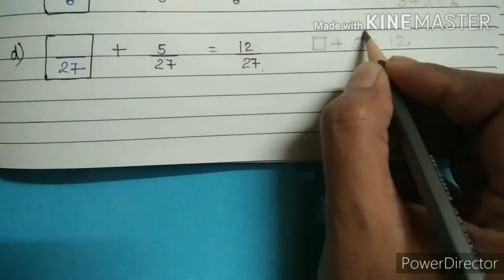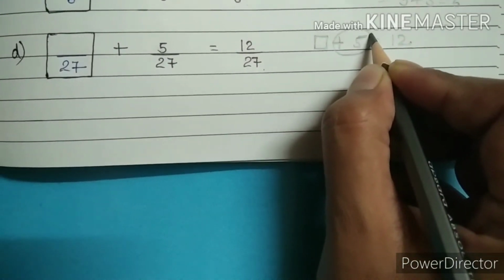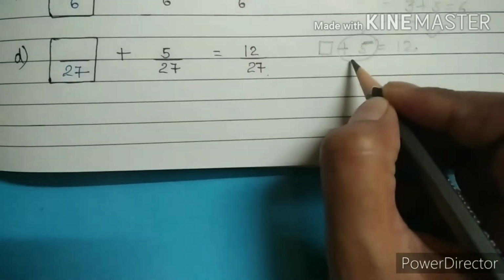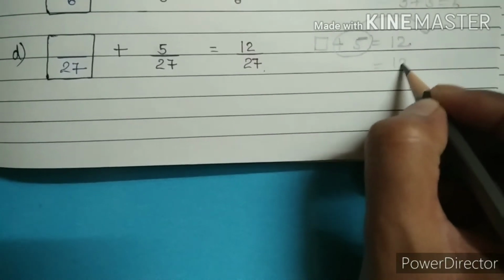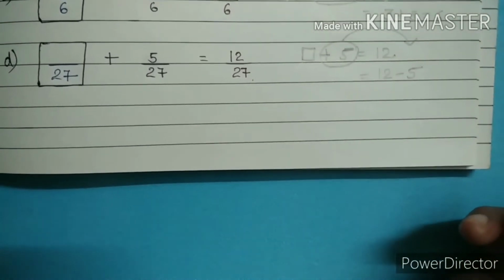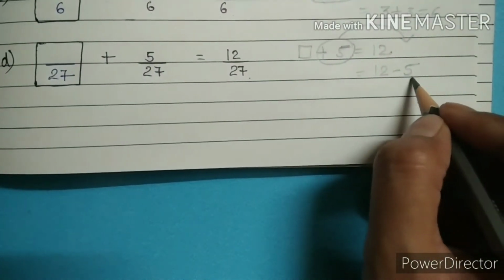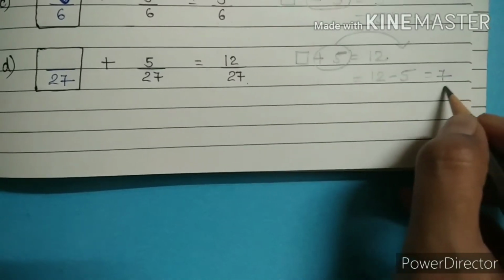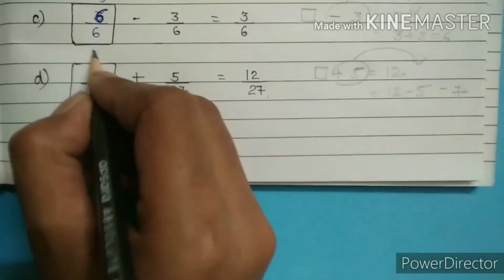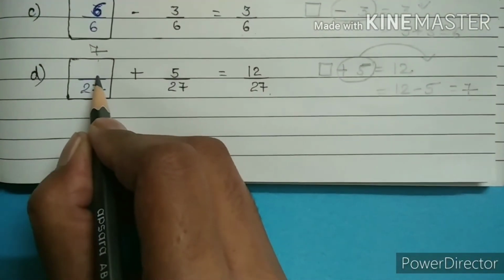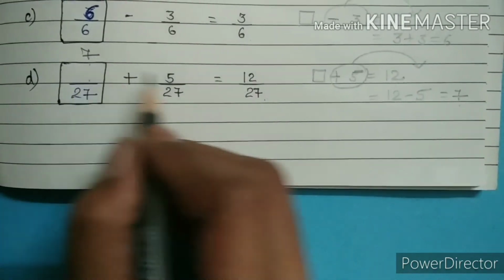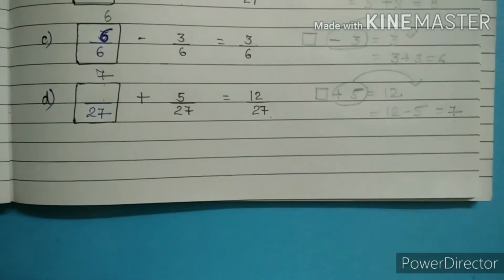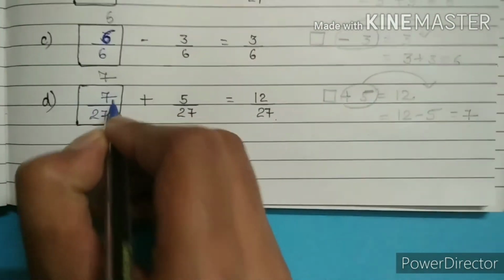This time positive 5 is there, and the opposite of positive is subtraction. So positive 5 will go to the opposite side as subtraction, and 12 minus 5 is 7. Let's check with 7. When we put 7 here, is 7 plus 5 equal to 12? Yes, this is absolutely right. That's why 7 will come here.